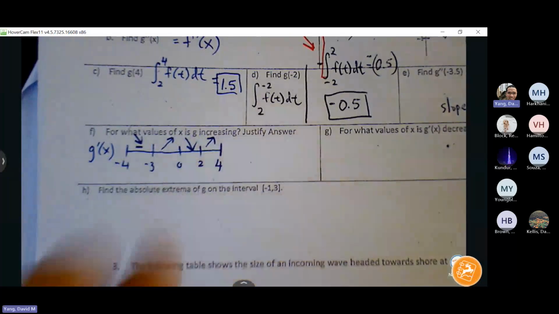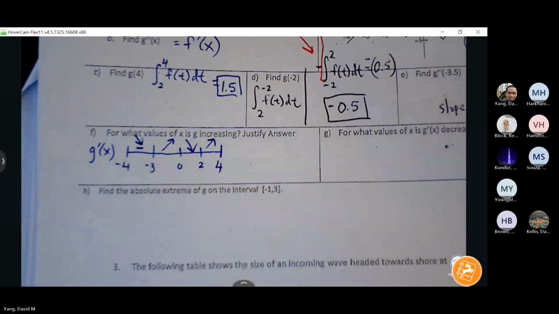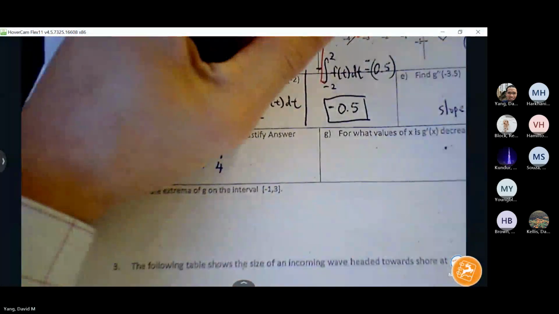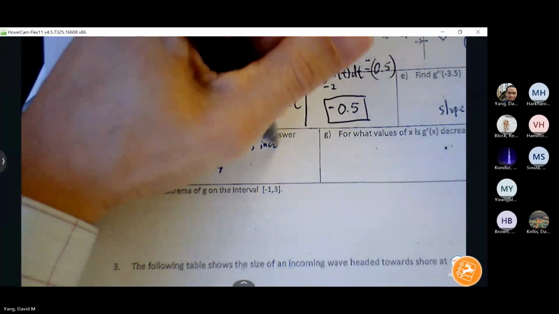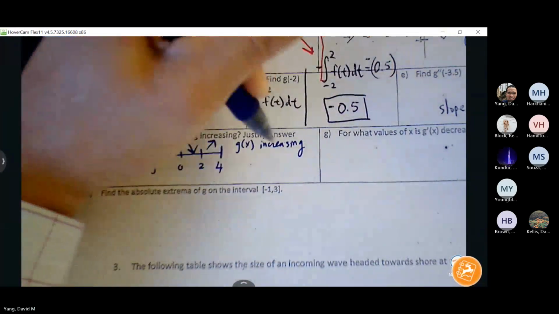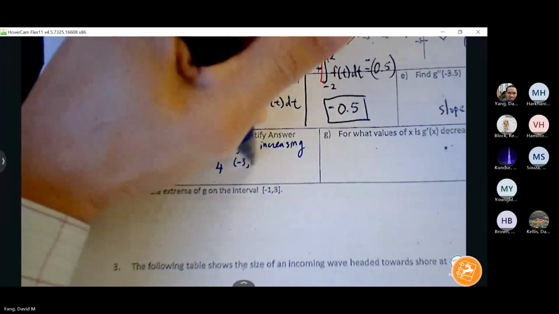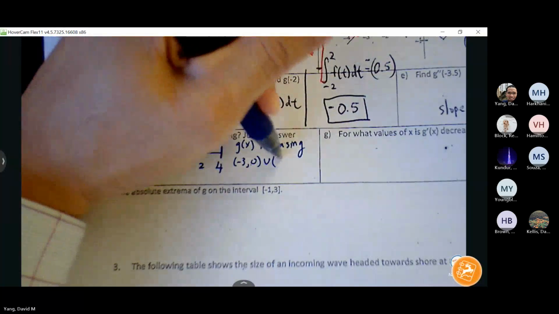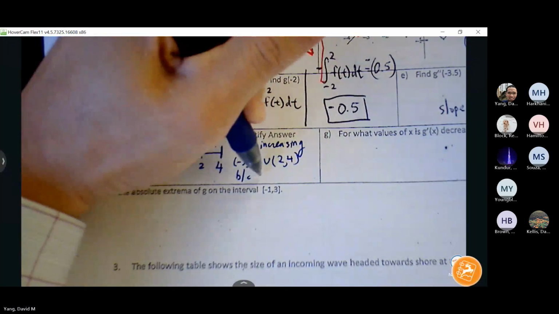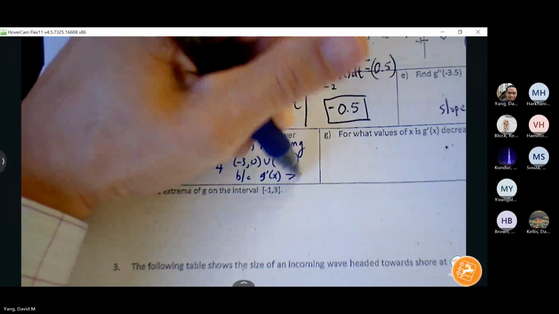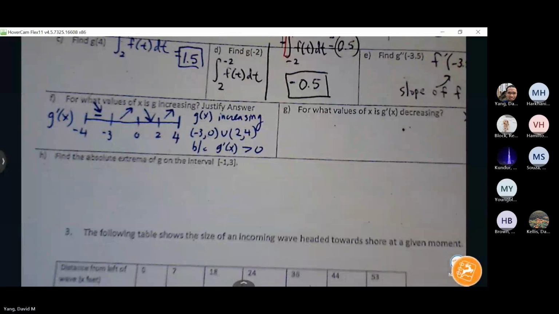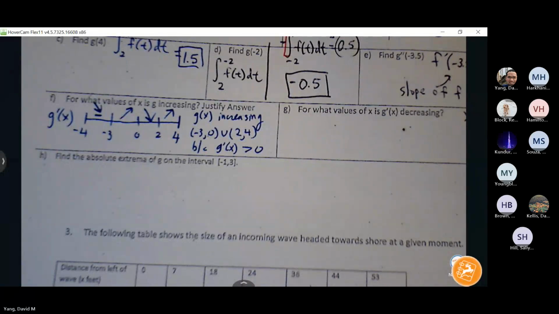Okay, so where's the graph increasing? Increasing in these two intervals.